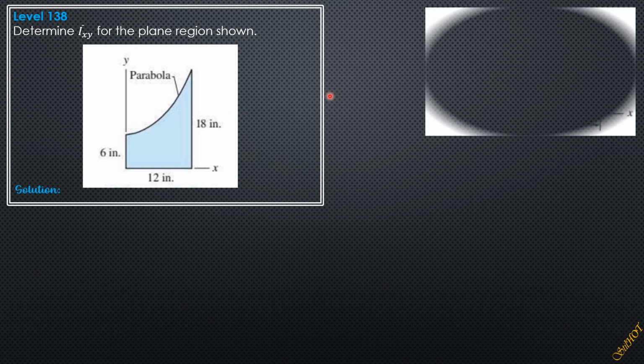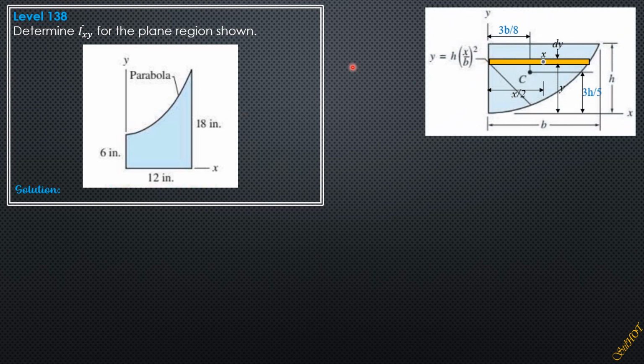If you can recall, with respect to the xy axis it was b squared h squared over 6, and with respect to the centroidal axis, b squared h squared over 60, and that is from level 108. Then the location of the centroid, because this parabola is open upward, just like that, is 3/8 of b, and this is 3/5 of h.